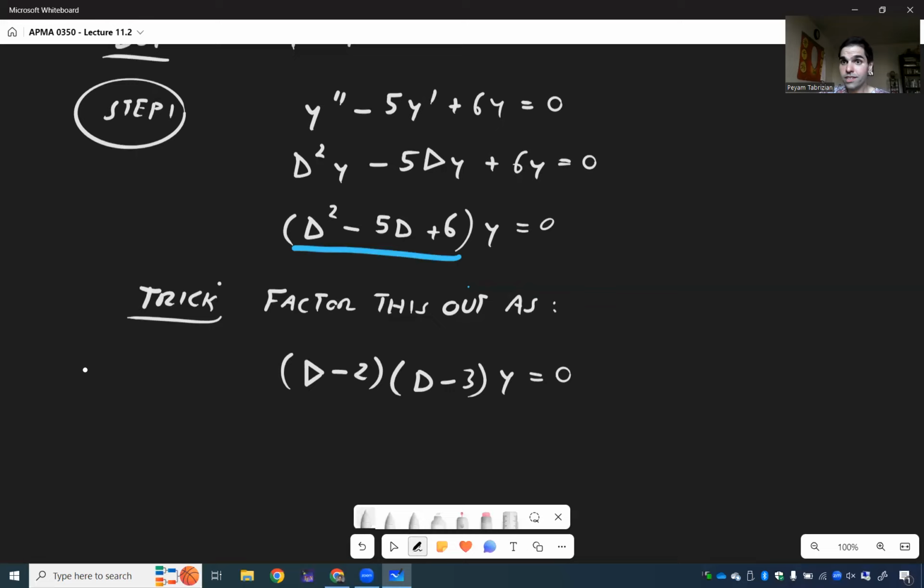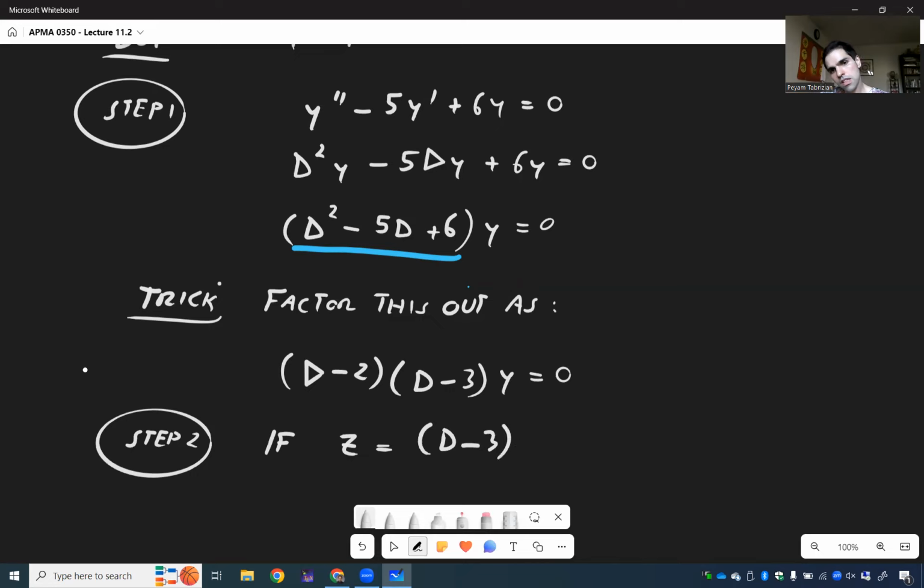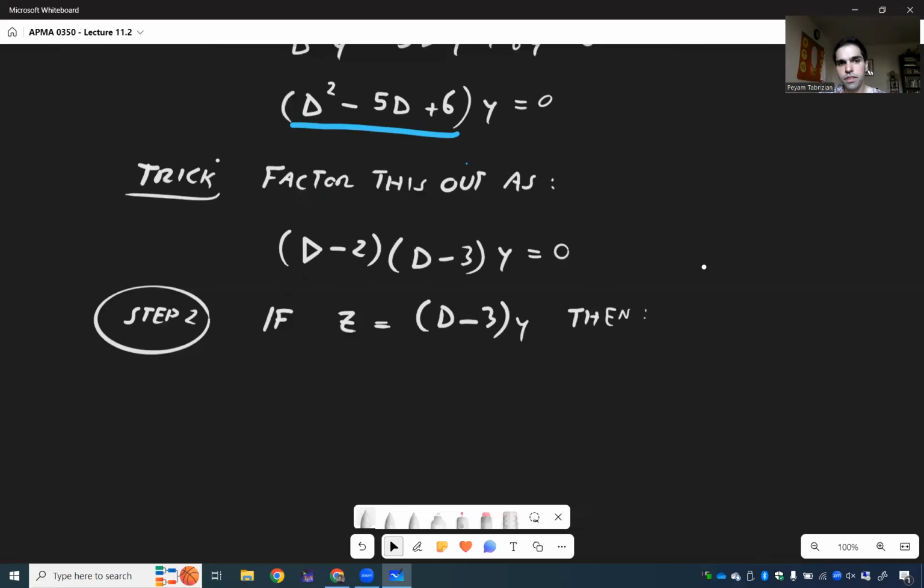Now, what's this good for? The nice thing is using this factorization, we can actually turn the second order ODE into two first order ODEs in the following sense. Because if you let z be the inner thing, so d minus 3 applied to y, then our ODE can be written very simply in terms of z.